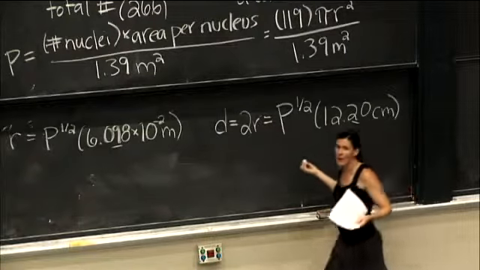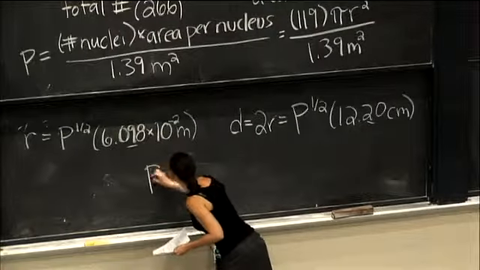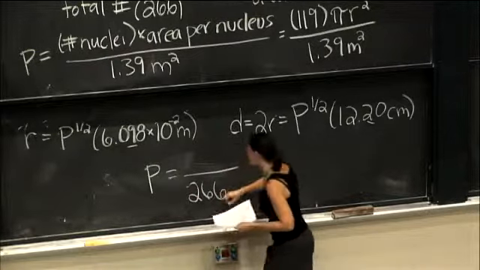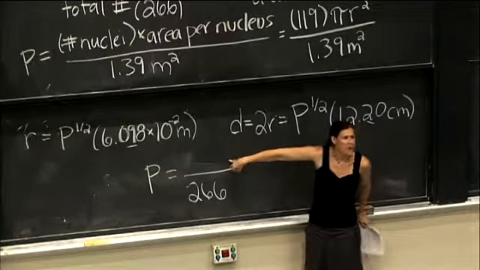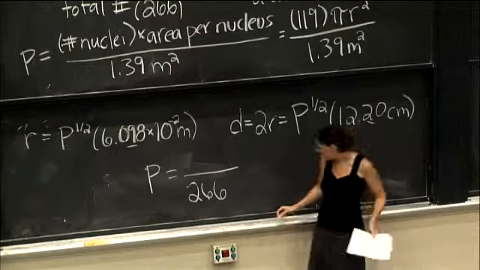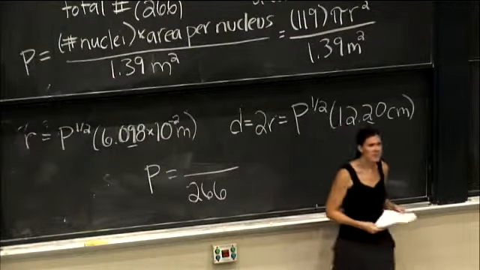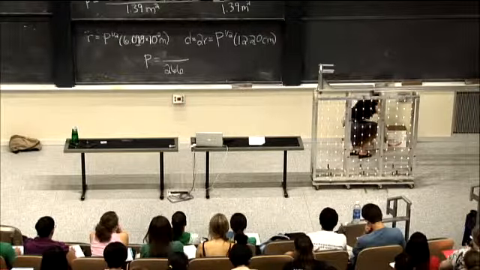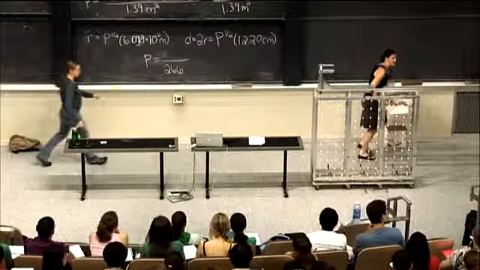All right, so now all we have to do is figure out this probability of backscattering. We know we need to divide by 266. But what we need you to help us with is to figure out this top number here and see how many particles are going to backscatter. So if the TAs can come up and quickly hand out one particle to everyone.